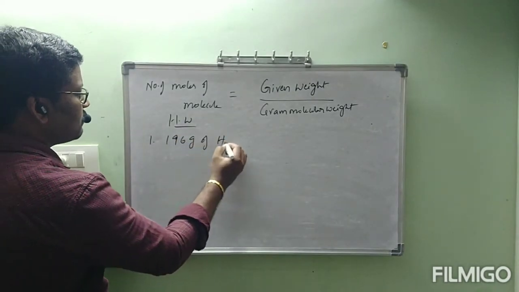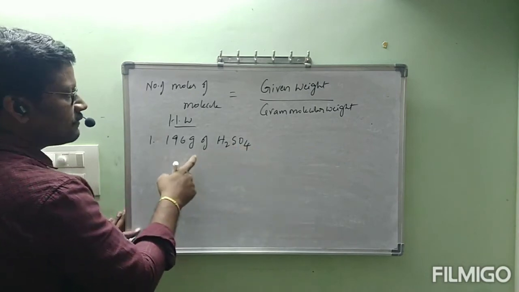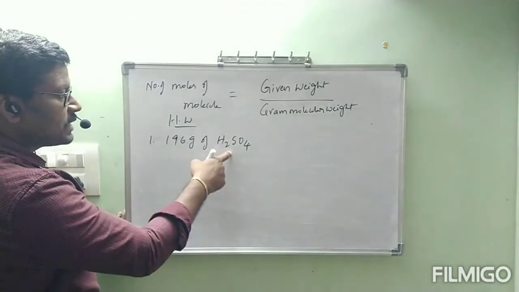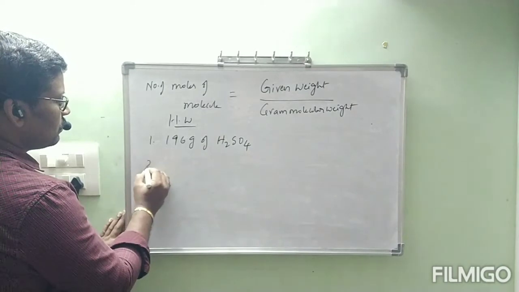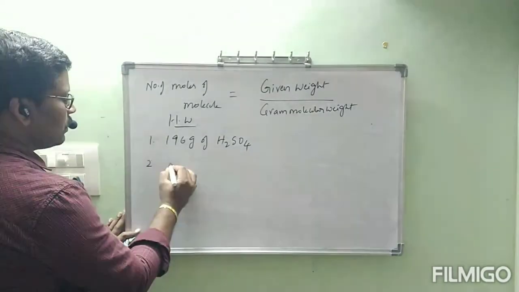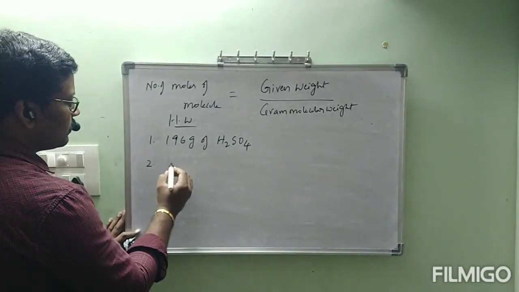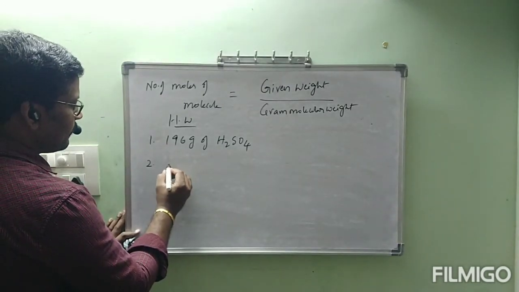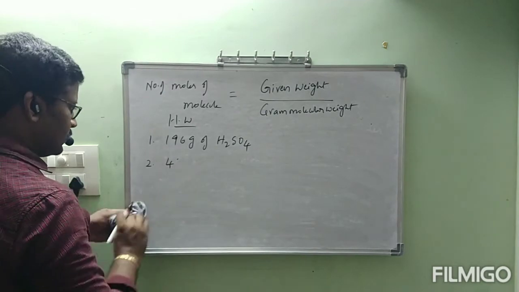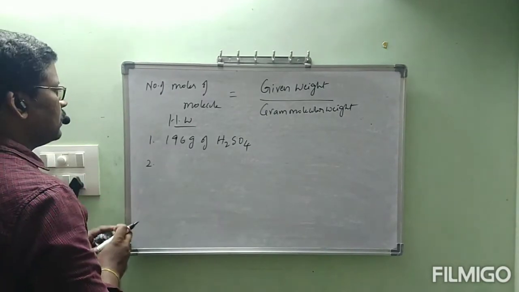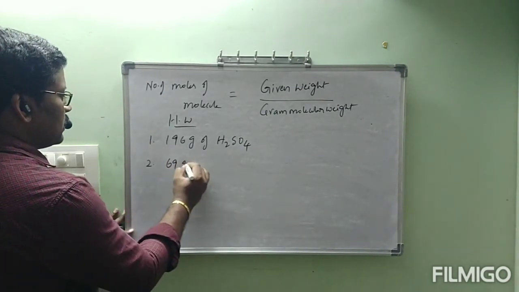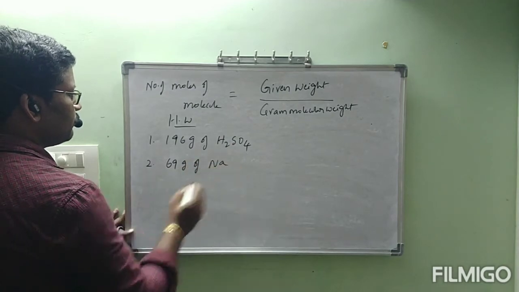196 grams of H2SO4. Find the number of moles. Second one, 69 grams of sodium.